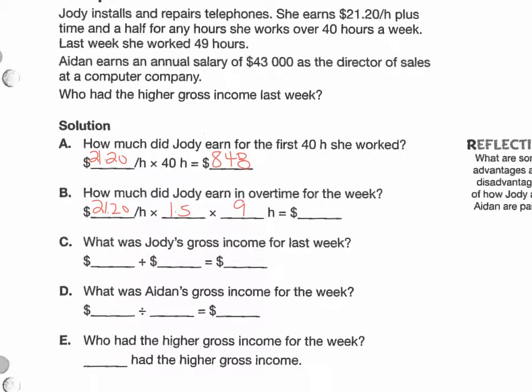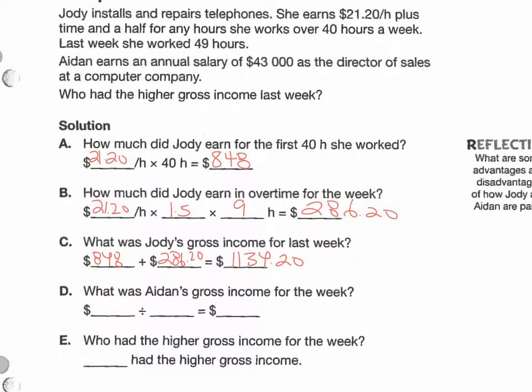So 21.20 times 1.5 times 9 gets you $286.20. And what's her gross income? Well, you add the two together. 848 plus 286.20, and you should get $1,134.20.